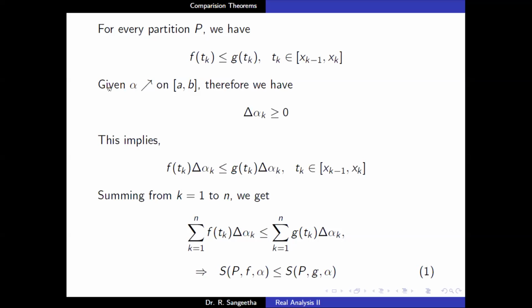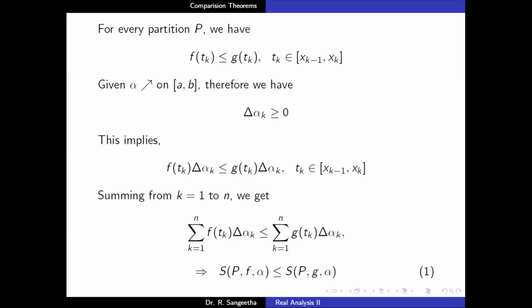And we are given the fact that alpha is a monotonically increasing function. Therefore, we can write delta alpha k is greater than or equal to 0. What is delta alpha k? It is alpha of xk minus alpha of xk minus 1. Since alpha is a monotonically increasing function, alpha of xk will be greater than or equal to alpha of xk minus 1.